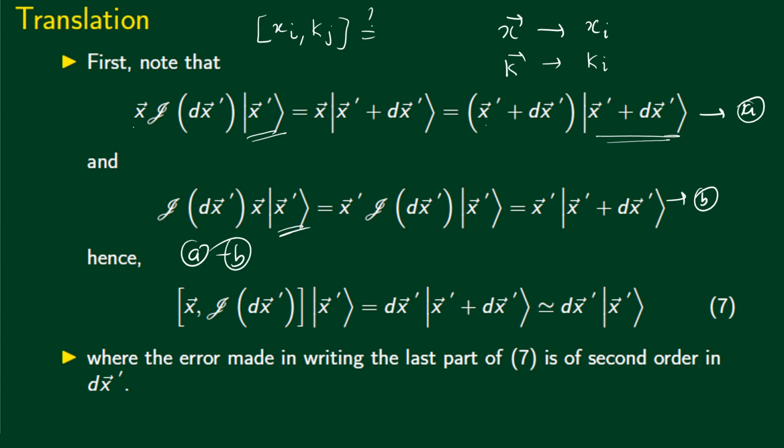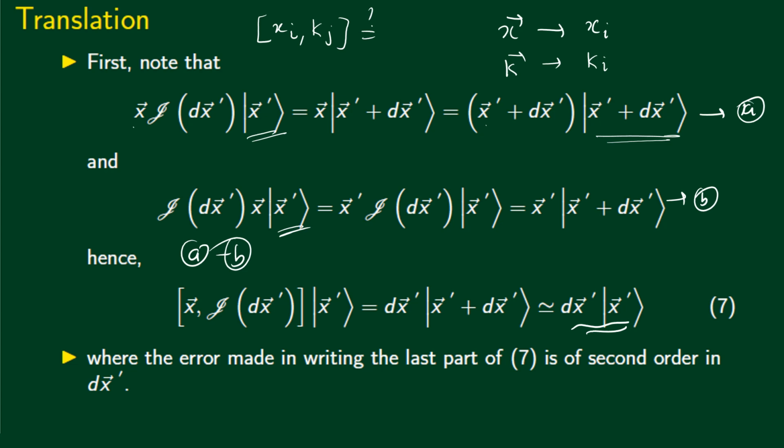Now we are talking about infinitesimal quantities, so we can neglect terms in second order of dx vector prime. Here I've got x vector plus dx vector prime inside the ket. Here I've got a dx vector prime outside. So up to first order in dx vector prime, if I'm retaining only terms up to first order, this can be approximated as dx vector prime multiplied by the ket |x'⟩.